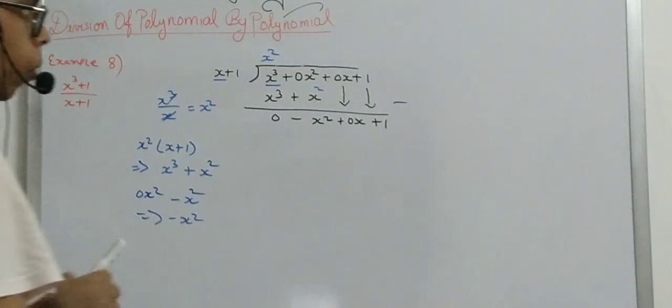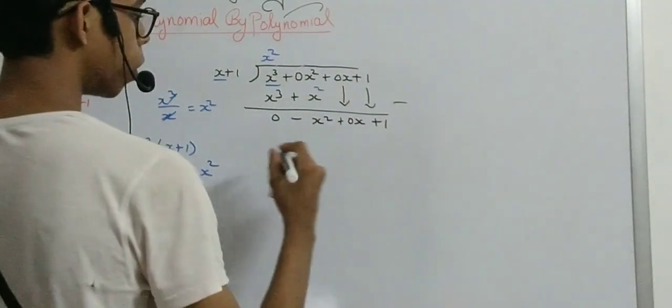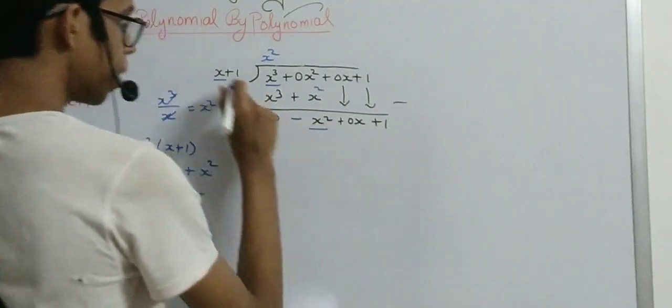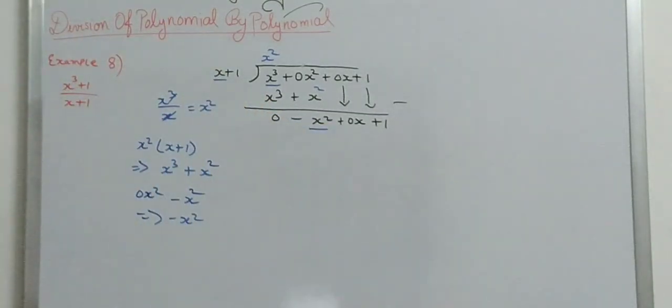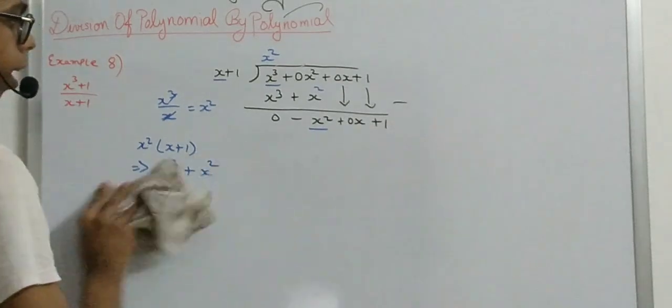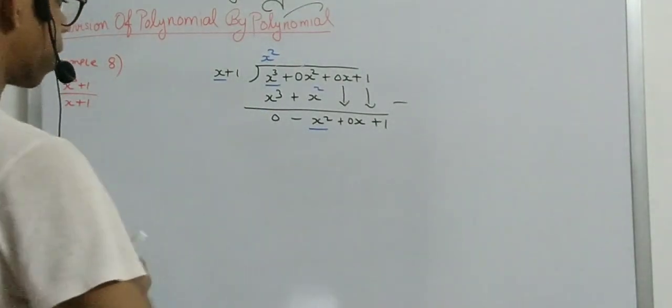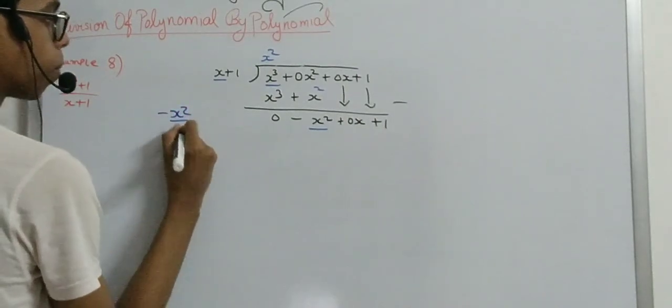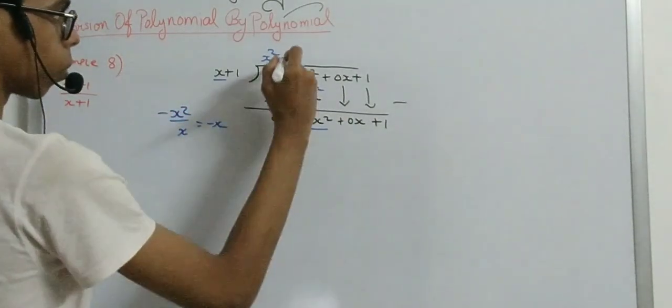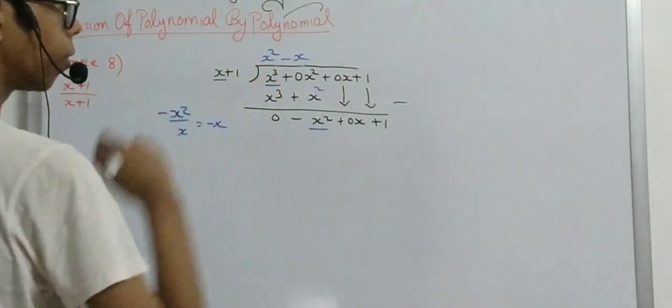Now what should we do? We have to continue this step. This is the first term, this is the second term. Okay, now we have to do minus x square by x. So what is minus x square by x? Just minus x square by x, we will get minus x. So write the minus x over here.